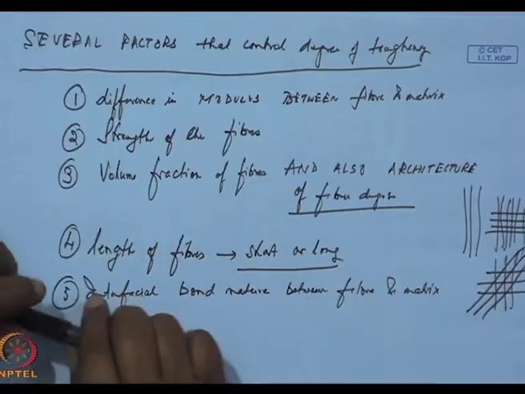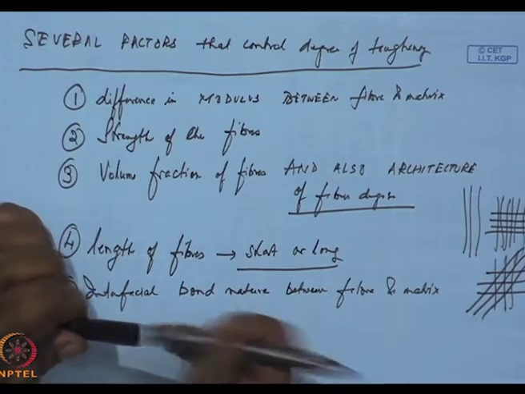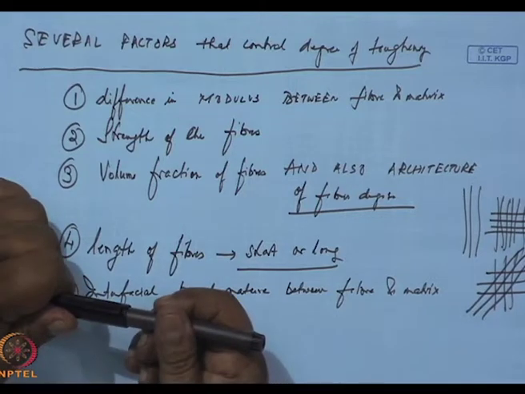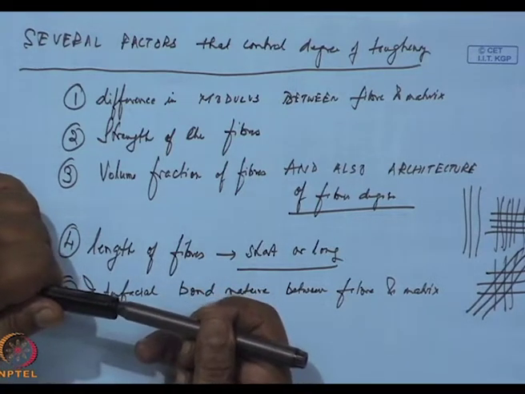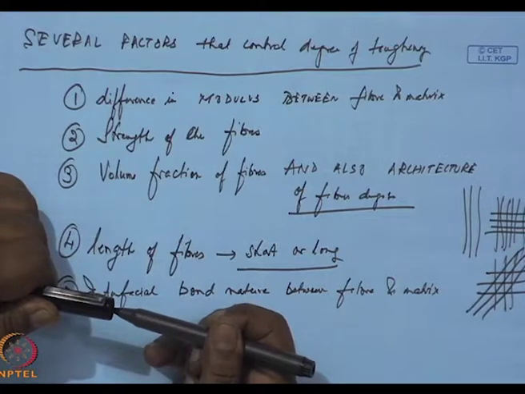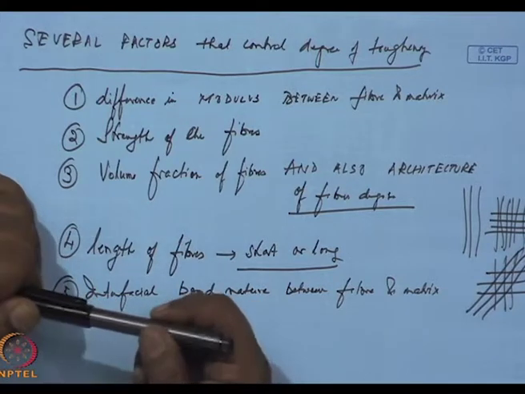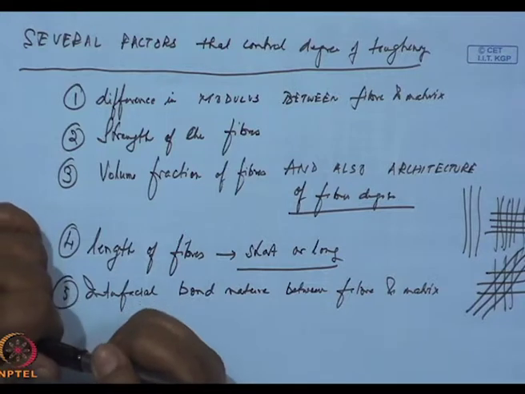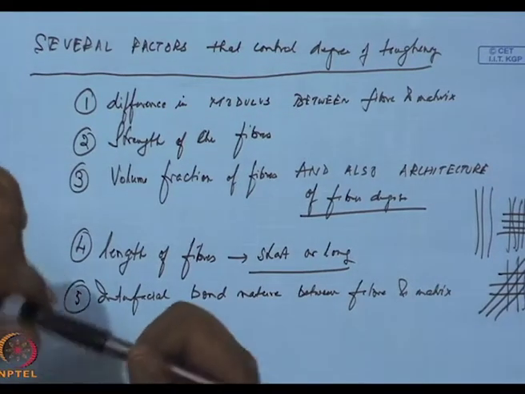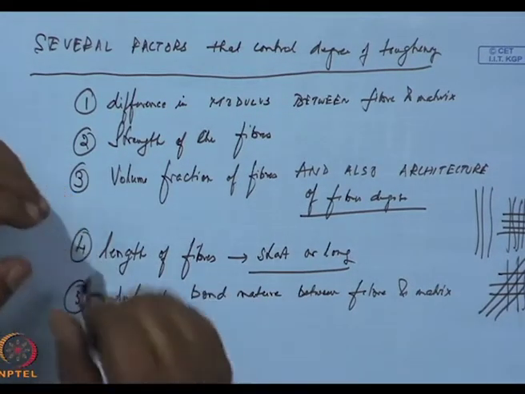If the matrix and fibers are very well bonded at the interfacial level, one problem I will face is the fiber will crack along with the matrix. Rather, if the fiber can pull out, as the matrix is pulling out but the fiber is holding, like when I am pulling the pen out. But if it was so very well bonded that I cannot pull it out, what would have happened? The entire structure would have broken.